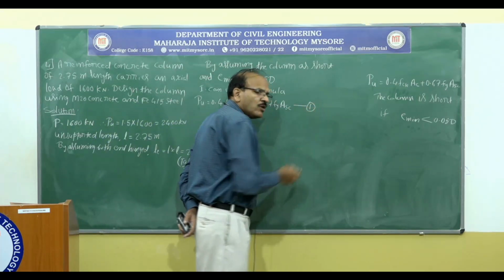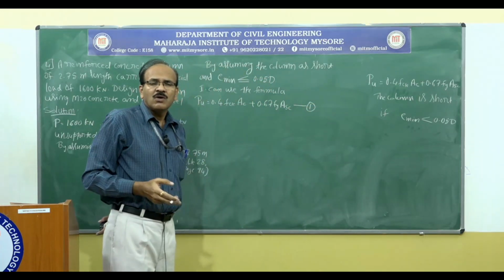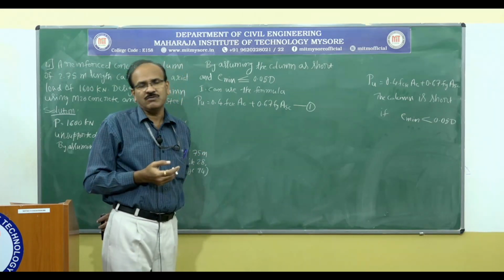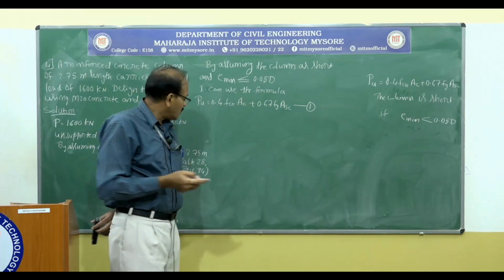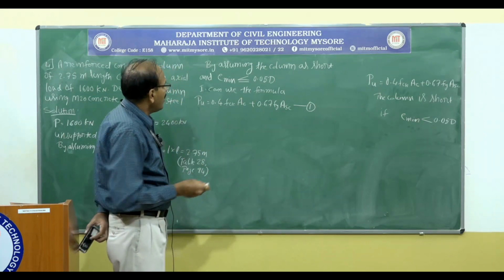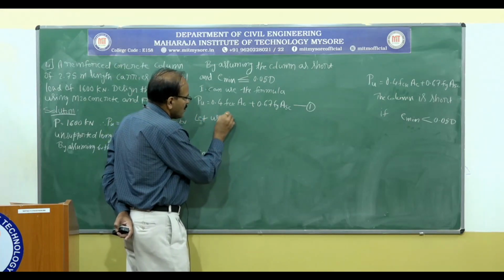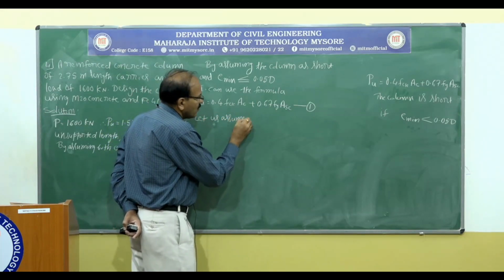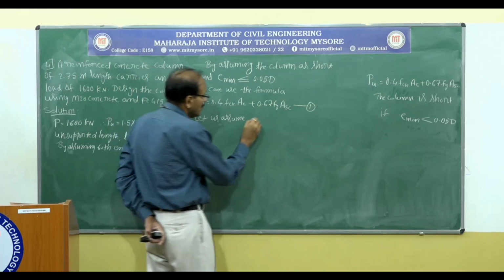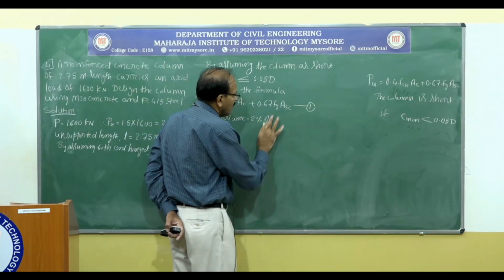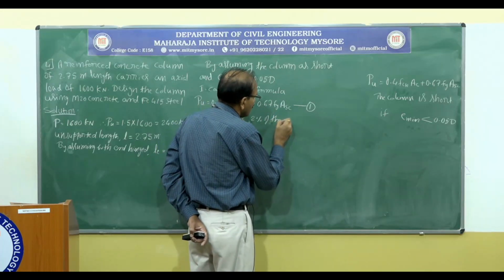By having two unknowns and one equation, we cannot solve for them. So what we do is, let us assume 2% of steel.